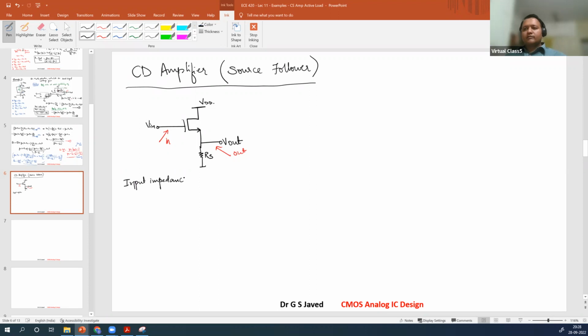Input impedance is infinity. Nothing here. What is the output impedance? Output impedance is source degenerated, right? So that will be RS by 1 plus gm RS. We will check. I will keep this open and we will find out.